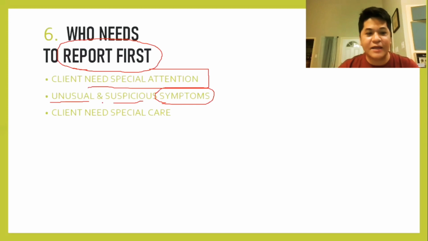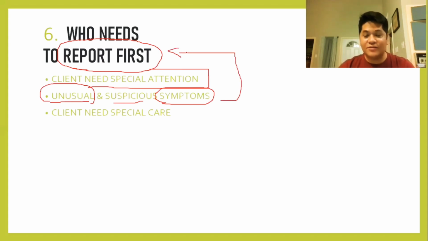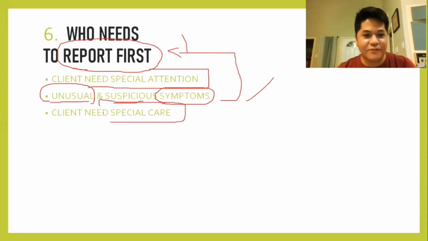If you think that these are unusual or suspicious symptoms that could be reported to your supervisor or to the doctor, then that needs to be prioritized. Of course, always give special care to the client.